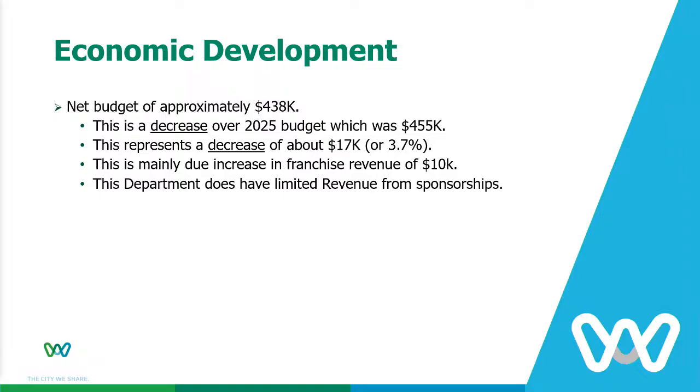Through the chair to Edmund, can you tell me more about the bullet point that says this is due to increase in franchise revenue of 10K? In my mind, I'm thinking of the 1% decrease from the Fortis piece, so where's the 10K more coming from?